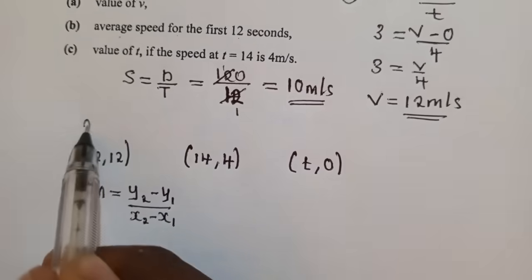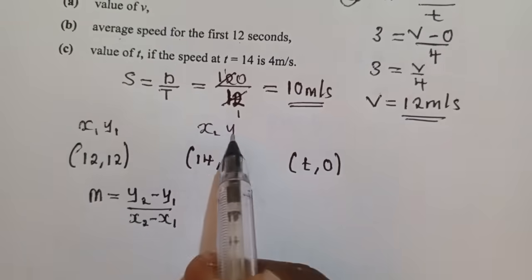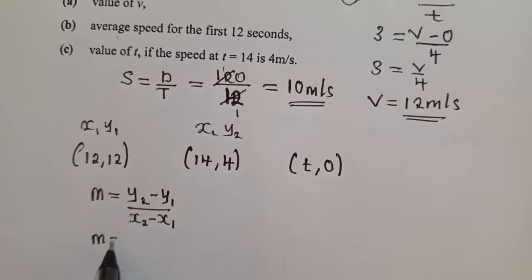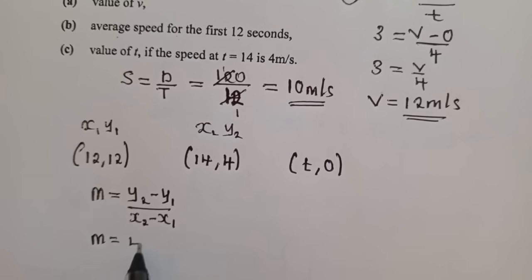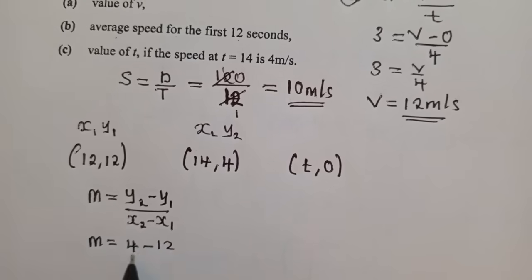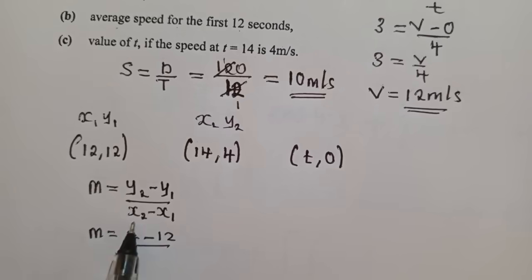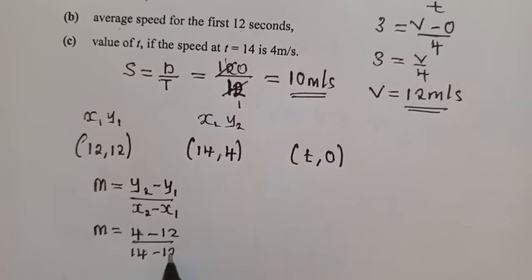So we shall say this is our x1, y1. This is our x2, y2. Okay, so we first use these two. We're going to find our m to be equal to, what is our x2? It's a 4 minus x1, which is 12, over our x2, which is 14, minus 12.